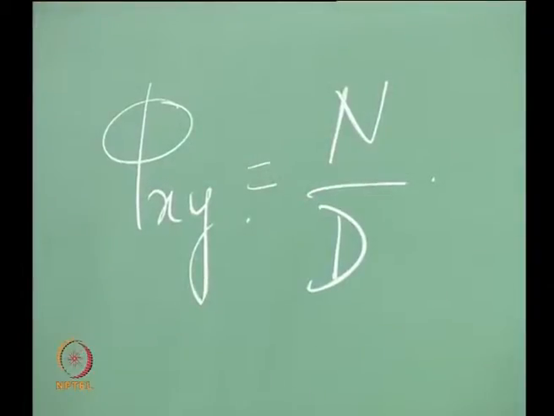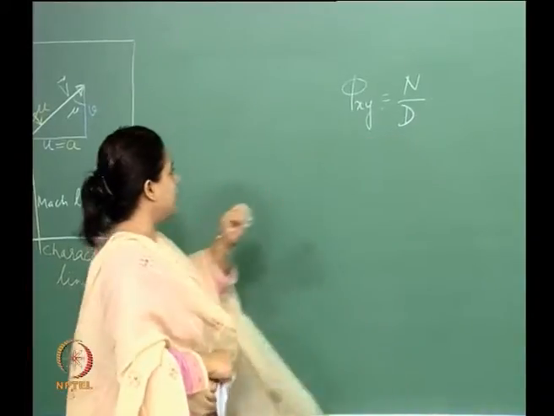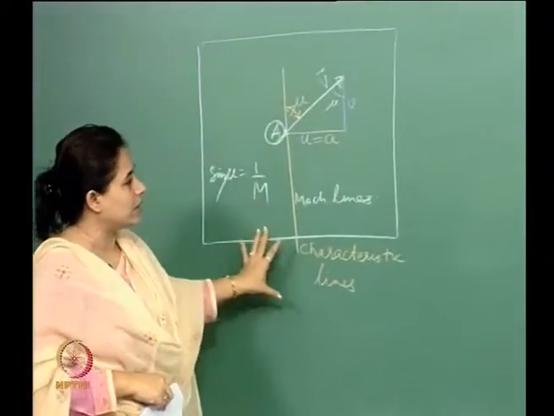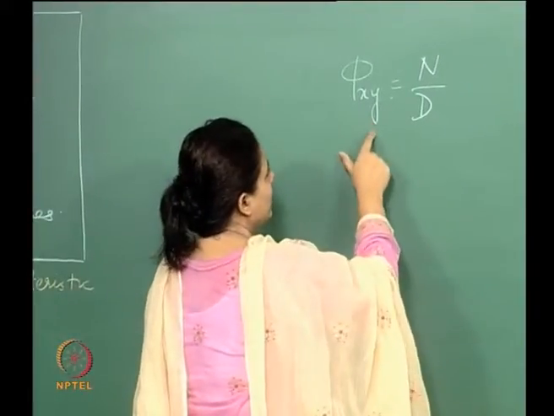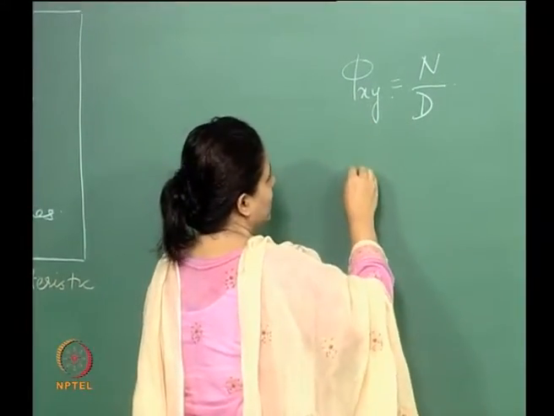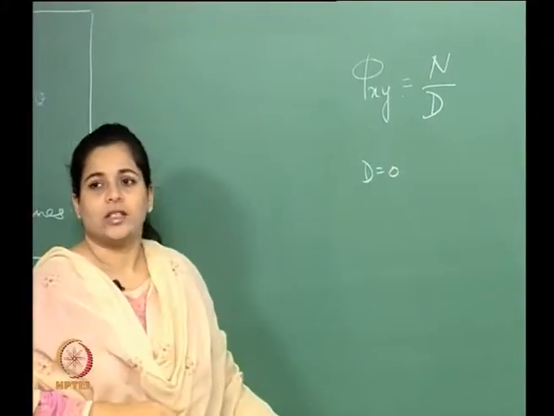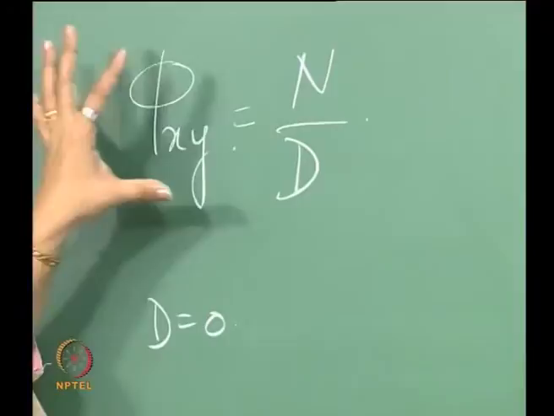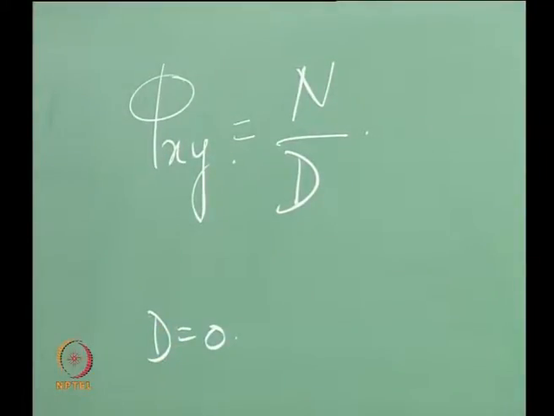Here too we have to come up with a similar kind of analysis like we did here. Now, this phi x y becomes indeterminate if d is equal to 0. Phi x y will always exist only if d is not equal to 0. But say we put d equal to 0, then phi x y becomes indeterminate.